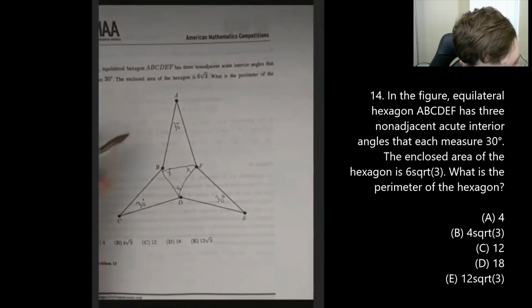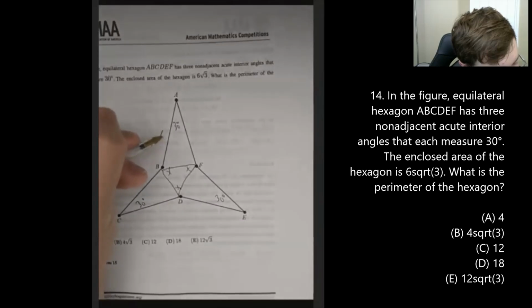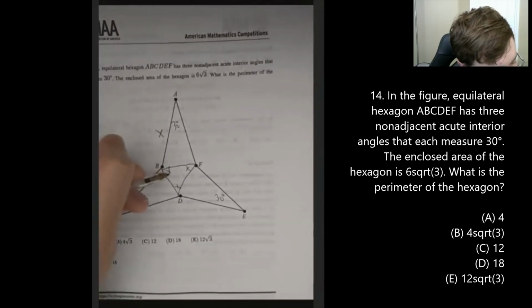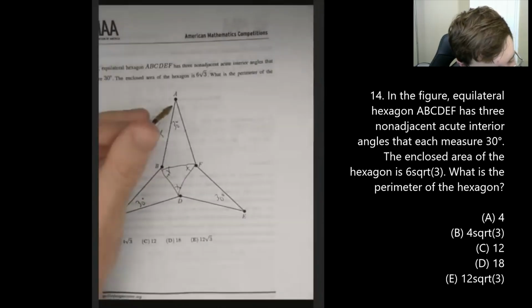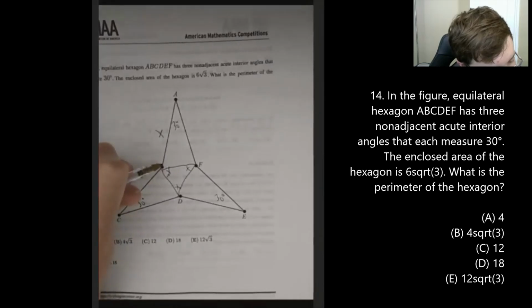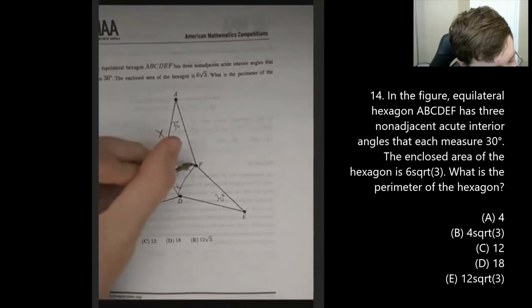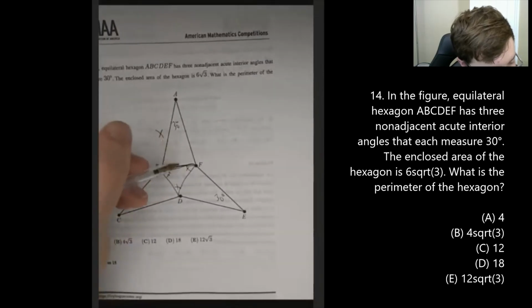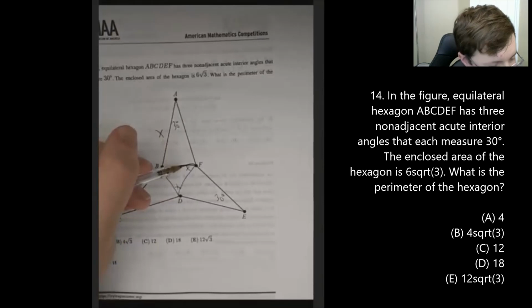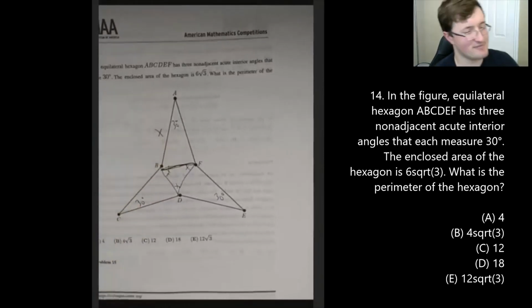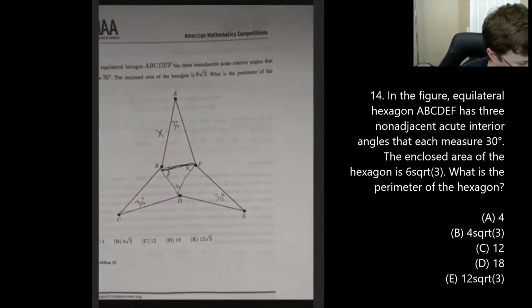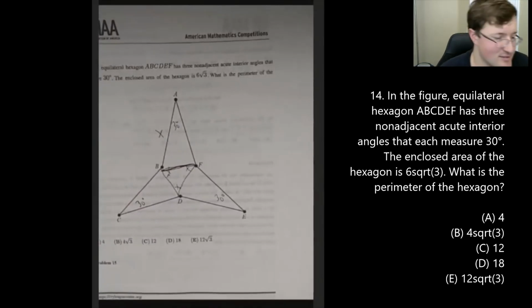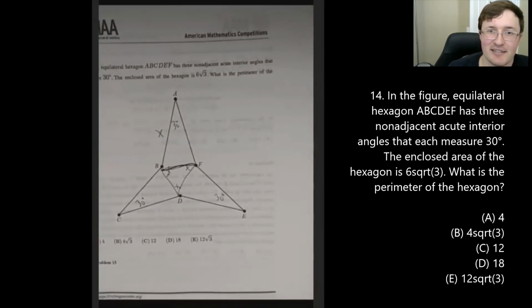Let me call this side length X. If this side is X, this side length is X over 2. Wait, I just want to make sure I'm getting this right. Oh no, it's 15 degrees. Don't tell me. I'm supposed to be doing this on my own anyway.